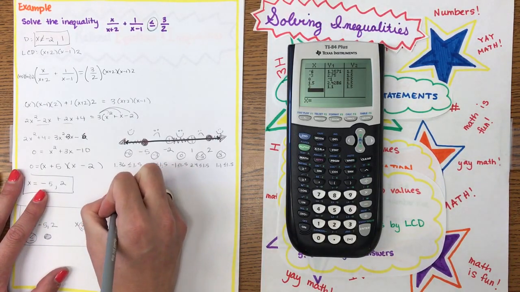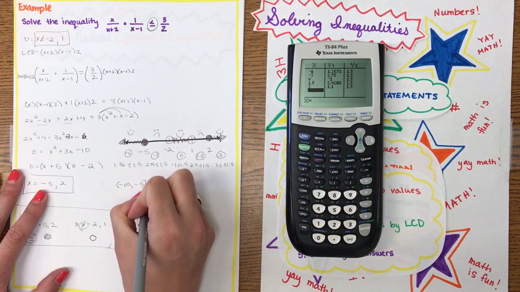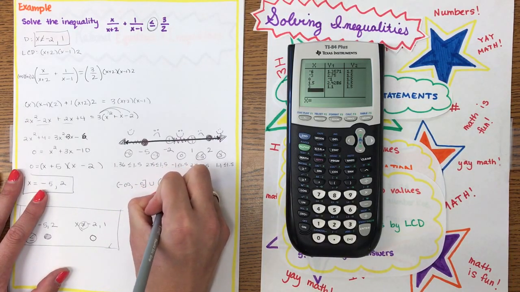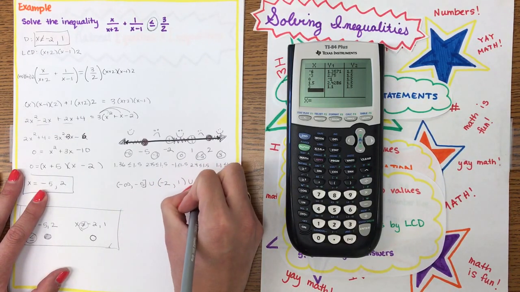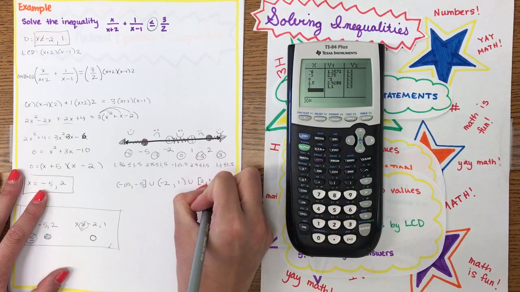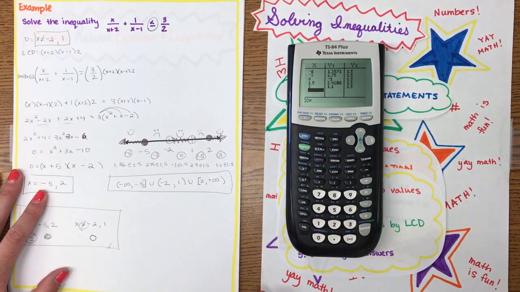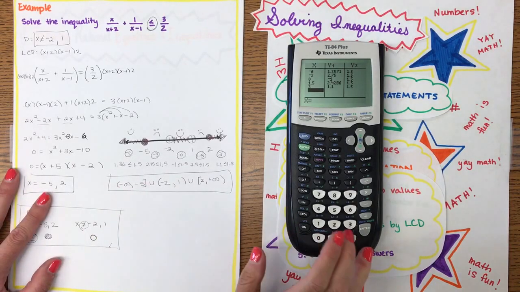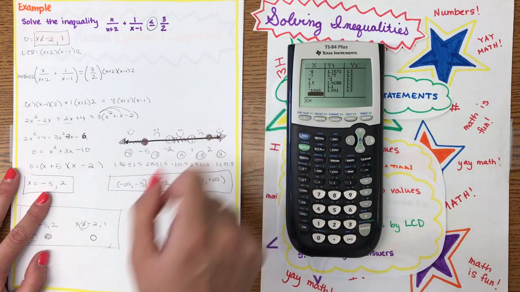So this is going to be -infinity to -5 included, union, -2 not included to 1 not included, union, 2 included to positive infinity. Any value in one of these regions will give me a true statement. So if I plug in -1,000, I should get a statement that's true.